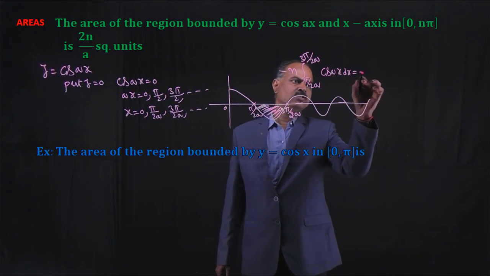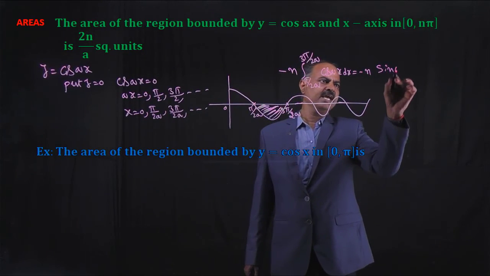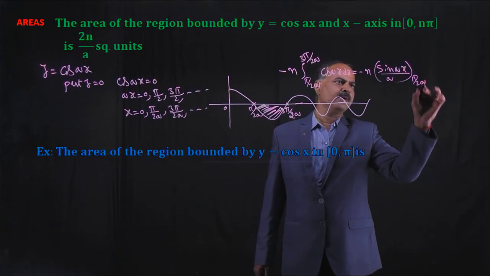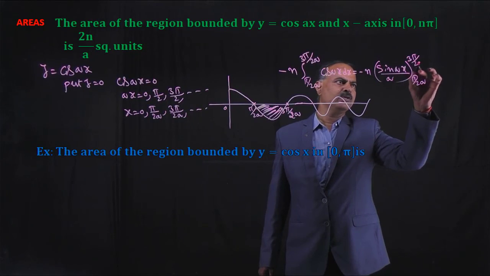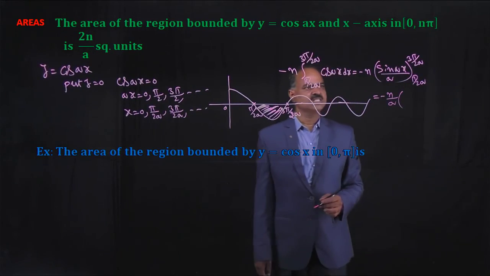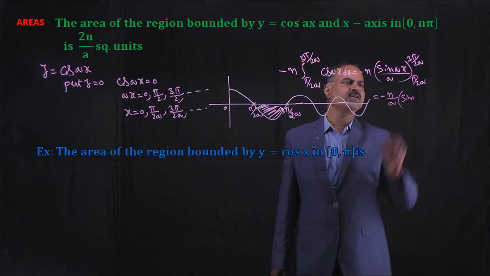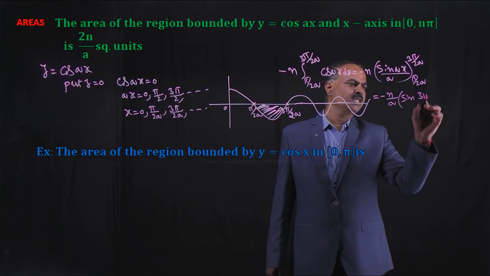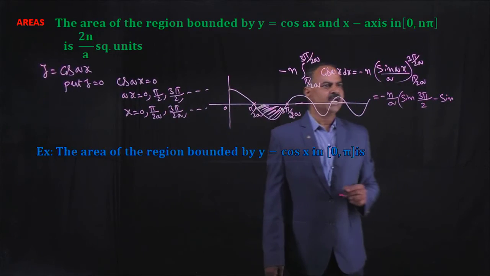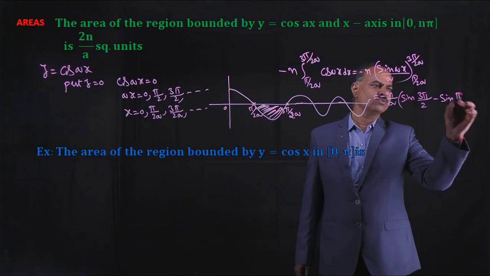Now this is equal to minus n into the integral of cos ax, which is sin ax divided by a, with limits pi by 2a to 3 pi by 2a. Now this is equal to minus n by a into, first substitute the upper limit in place of x, that is sin of a into 3 pi by 2a, which is sin 3 pi by 2, minus sin of a into pi by 2a, so we get sin pi by 2.